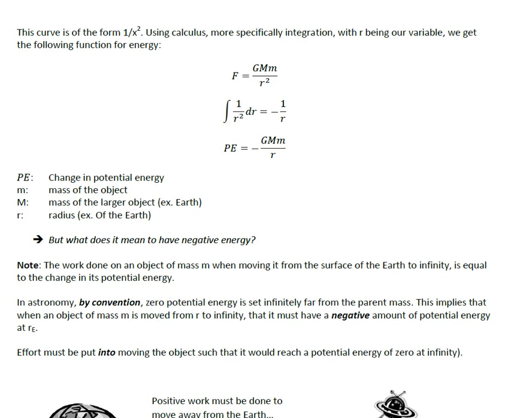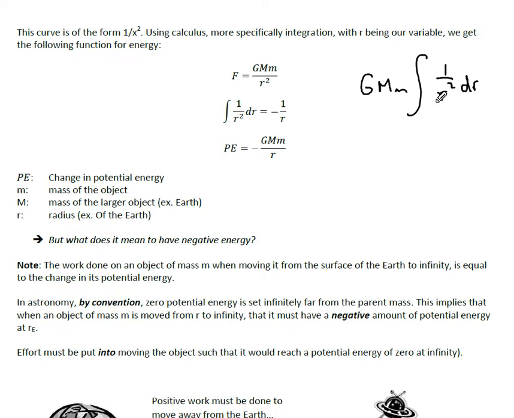F is equal to GMm over r squared. If we just focus on that 1 over r squared, because the GMm is just a constant, we can pull that GMm outside, like so. It doesn't affect anything: 1 over r squared dr.